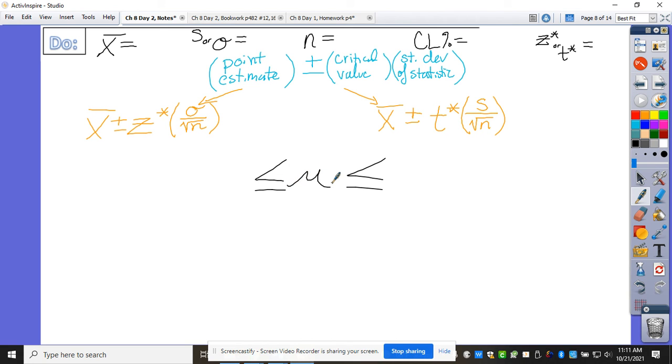So we are saying that mu falls between whatever our lower number and our upper number are. So we did the do section yesterday, yeah.